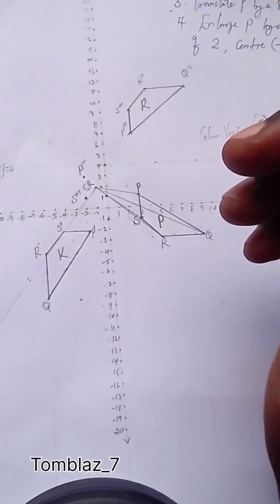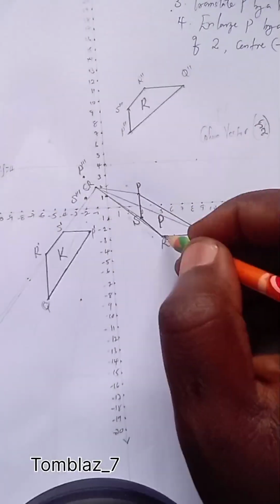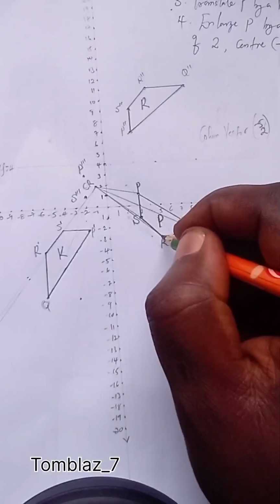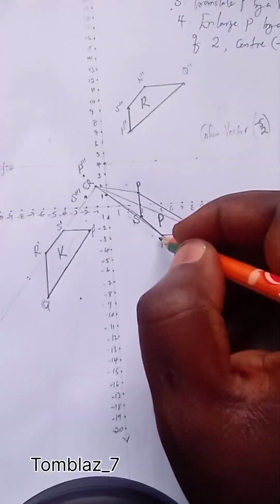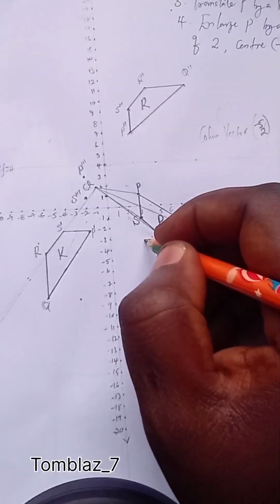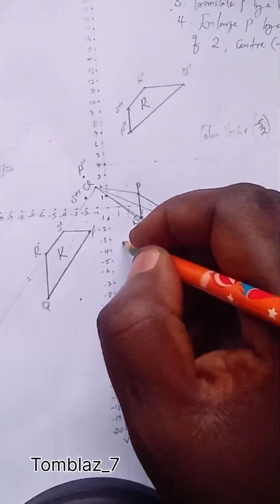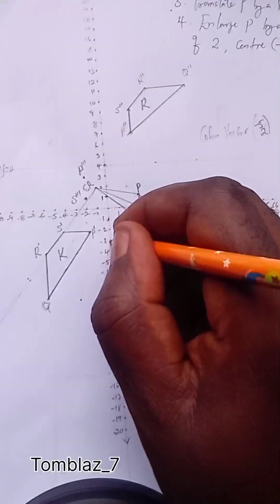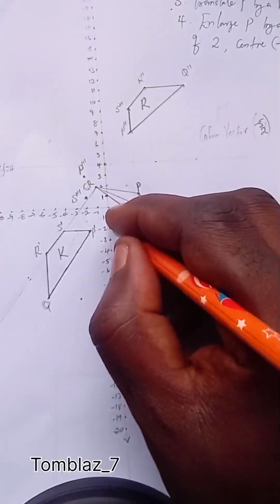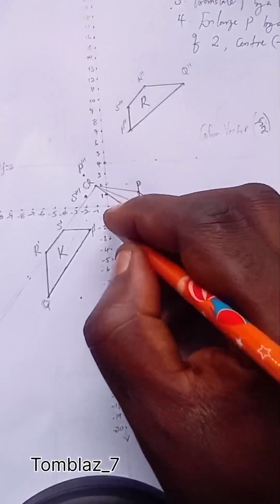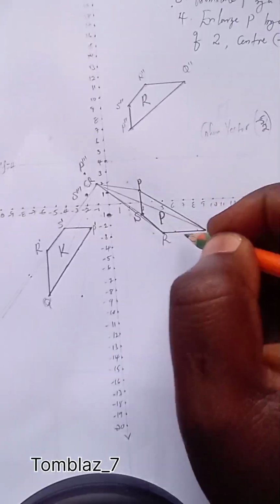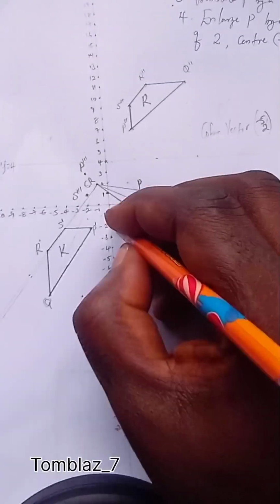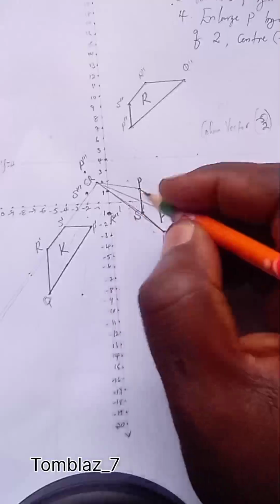Okay. So let's do same for r. R will move minus 5 and 2 up. 1, 2, 3, 4, 5. Then 2 up. 1, 2 is here at minus 1. So this is the new r. So we have r prime prime prime.